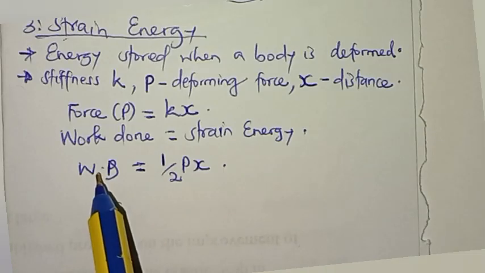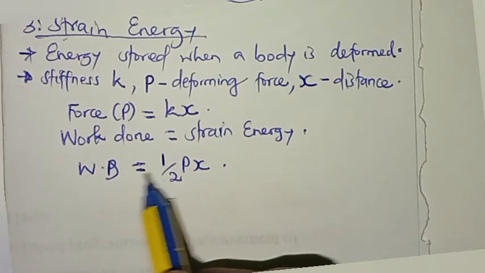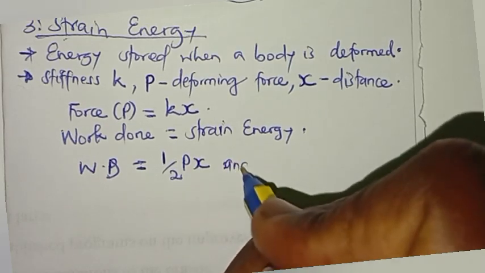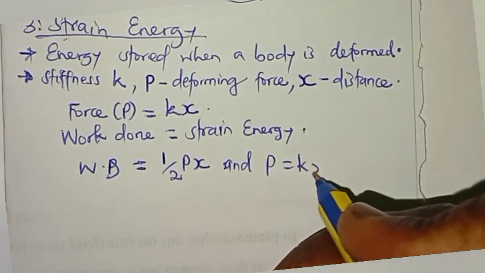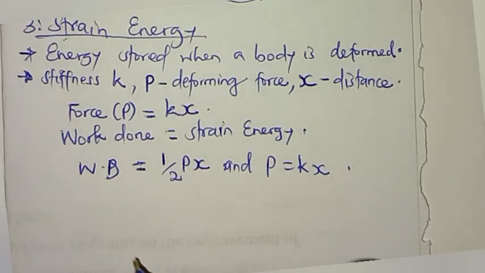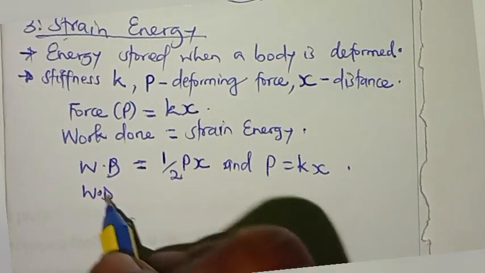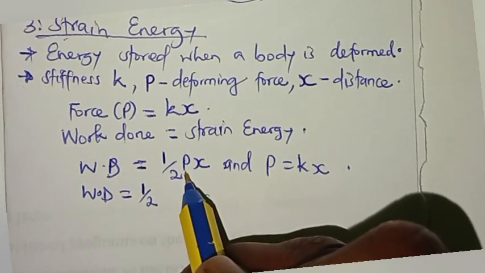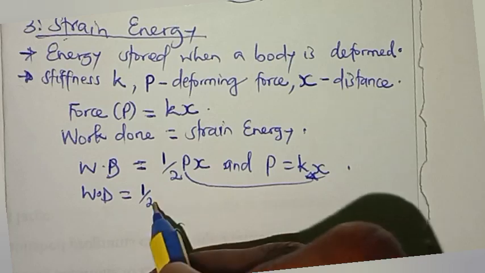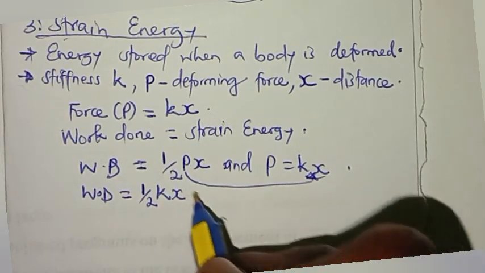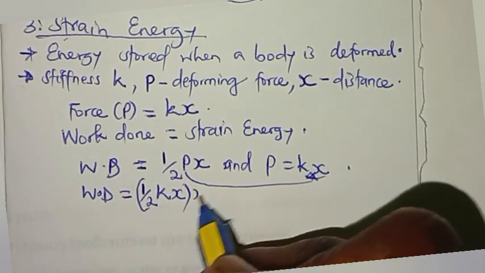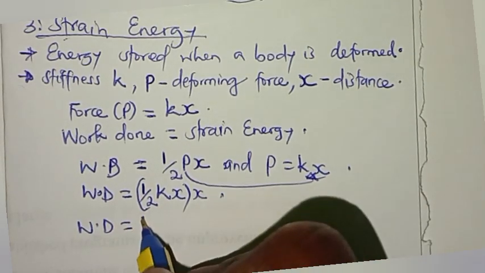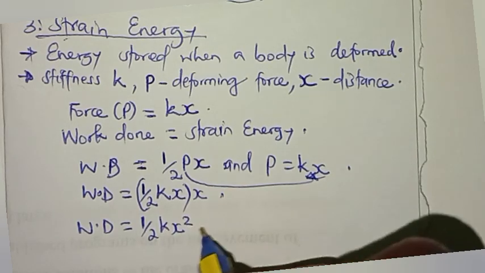And when work done is equal to a half Px and P is equal to kx, therefore work done, which is the same as strain energy, equals a half, then where there is Px, replace this with kx times x again, meaning work done equals a half kx squared.